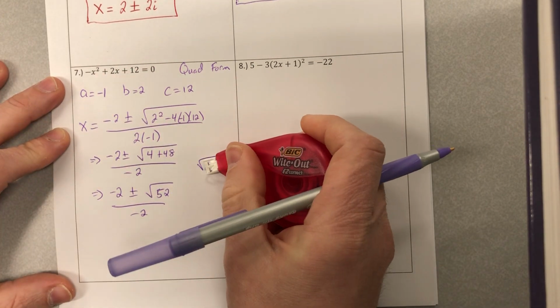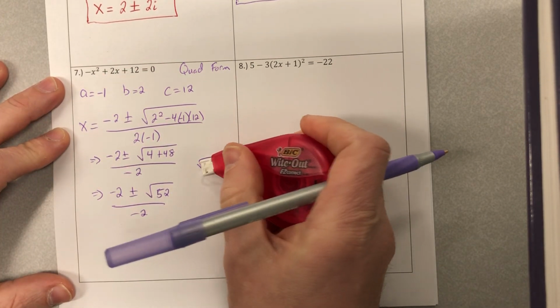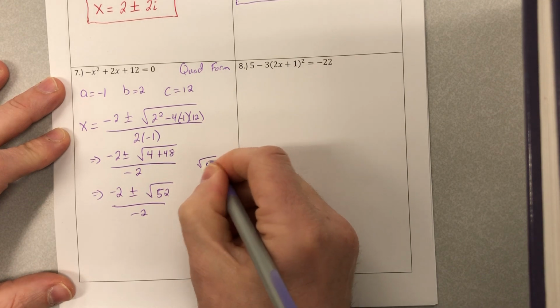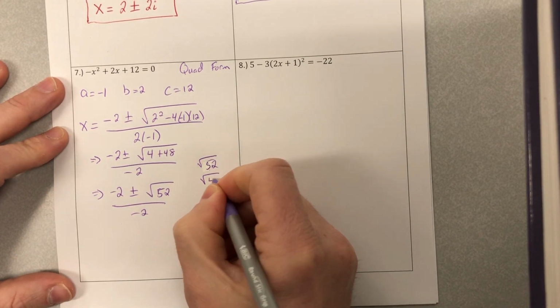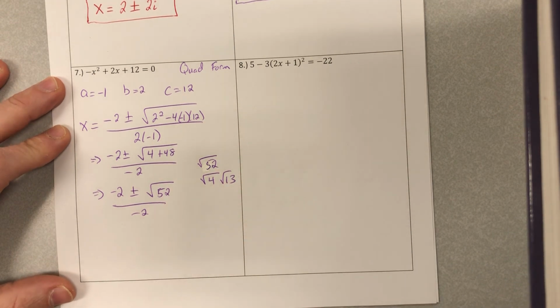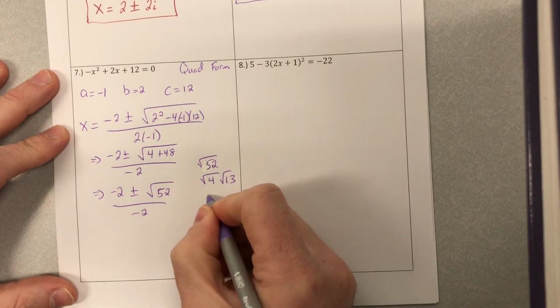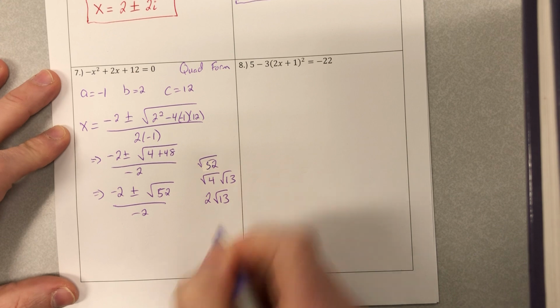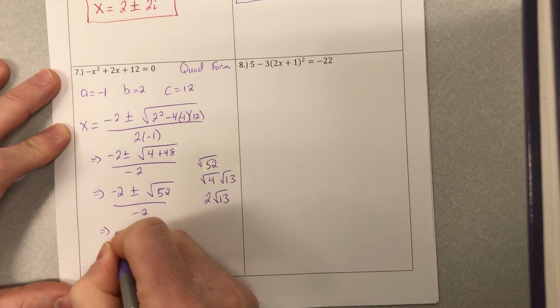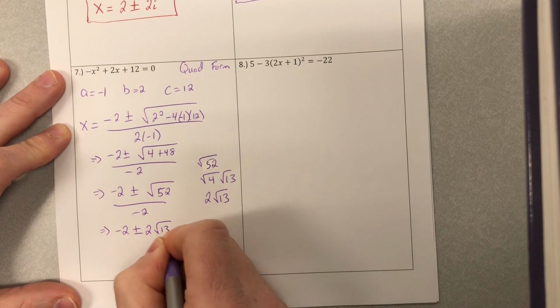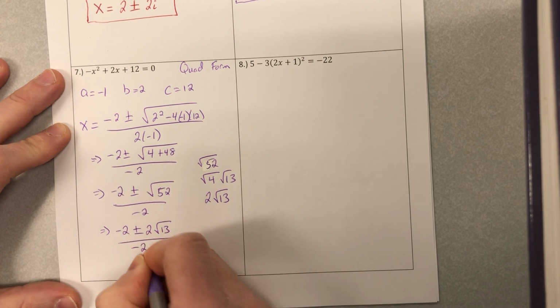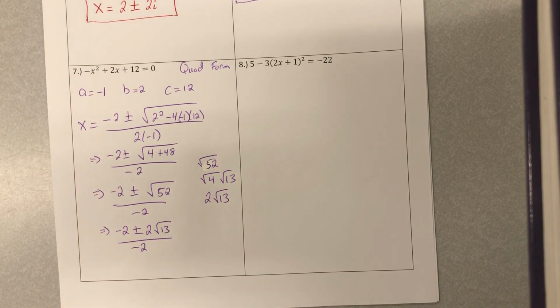When we look at this, we realize that 52 can be simplified. Well, what multiplies to give us 52? 4 and 13. So that would give us 2 times the square root of 13. So we'd have 2 plus or minus 2 square roots of 13 all over −2.